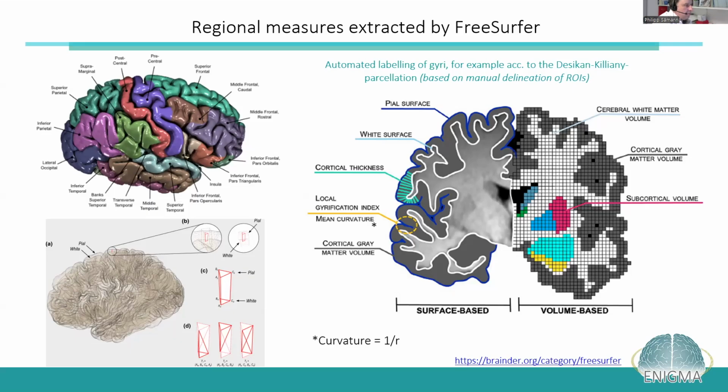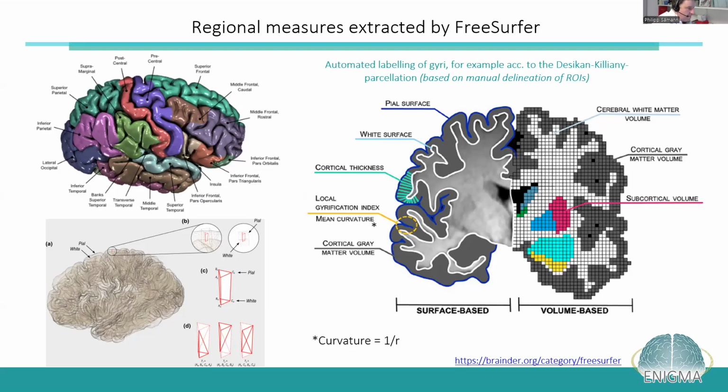The labeling system of FreeSurfer, for example, that is referred to as the Desikan-Killiany parcellation, is actually based on a manual delineation of a number of example brains, and it's fully automated, so it dissects your cortex into anatomical regions. Actually, the full list of gyri known in the human brain.